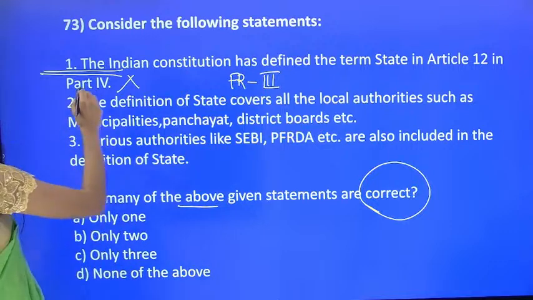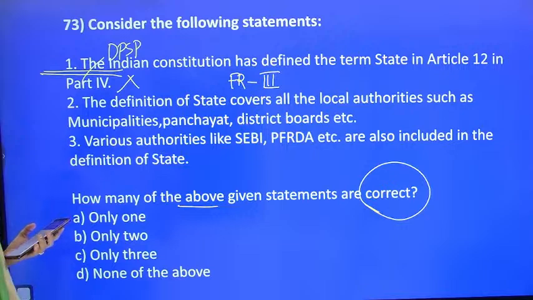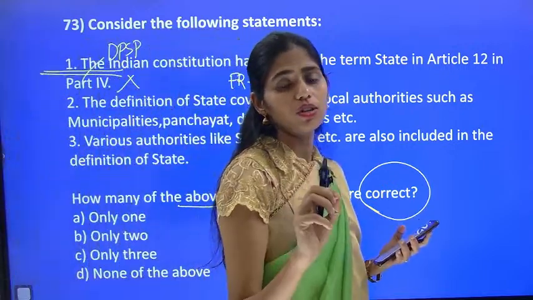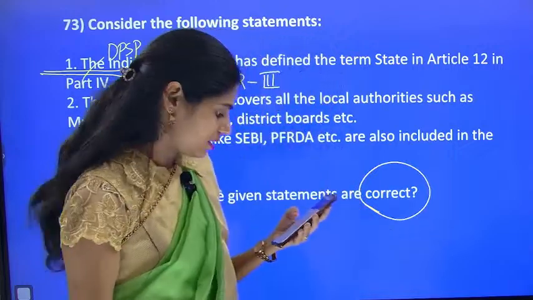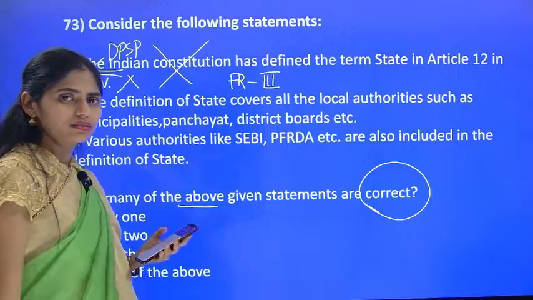Part 4 talks about DPSP, Directive Principles of State Policy. So whenever you are getting these parts, please ensure that it is correct or not. Check twice. Clear? Because of this the first statement is wrong.